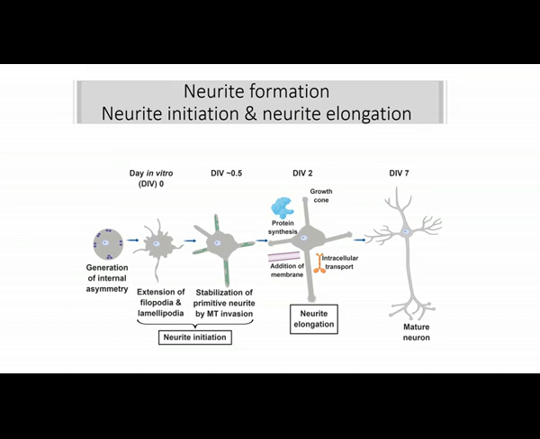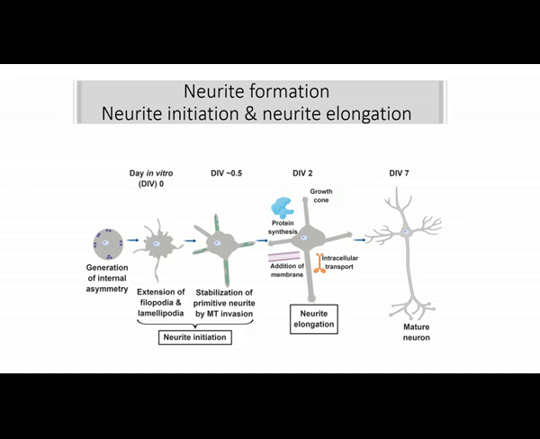During cortical development, postmitotic neurons migrate and reach the cortical brain. Then, neurons start neurite formation. Neurite formation can be classified into two steps: neurite initiation and neurite elongation outgrowth.